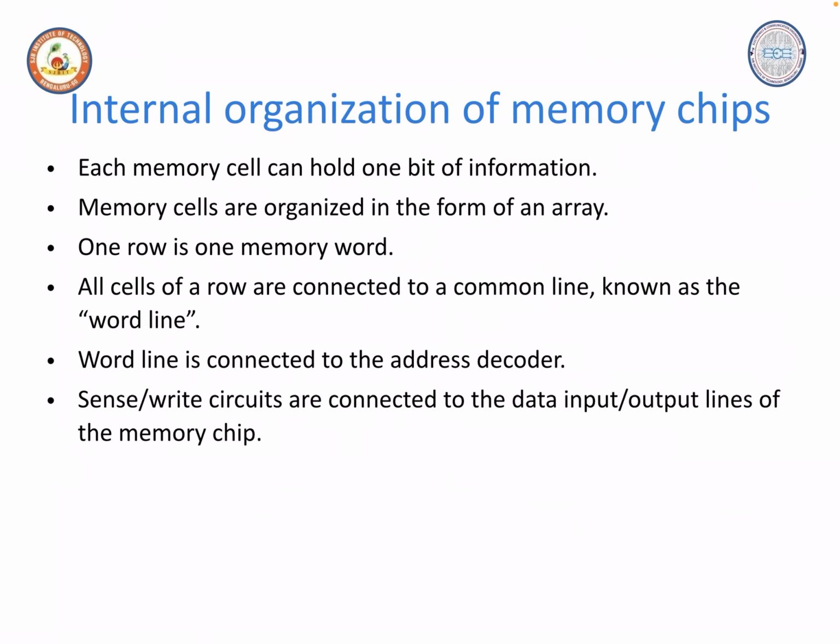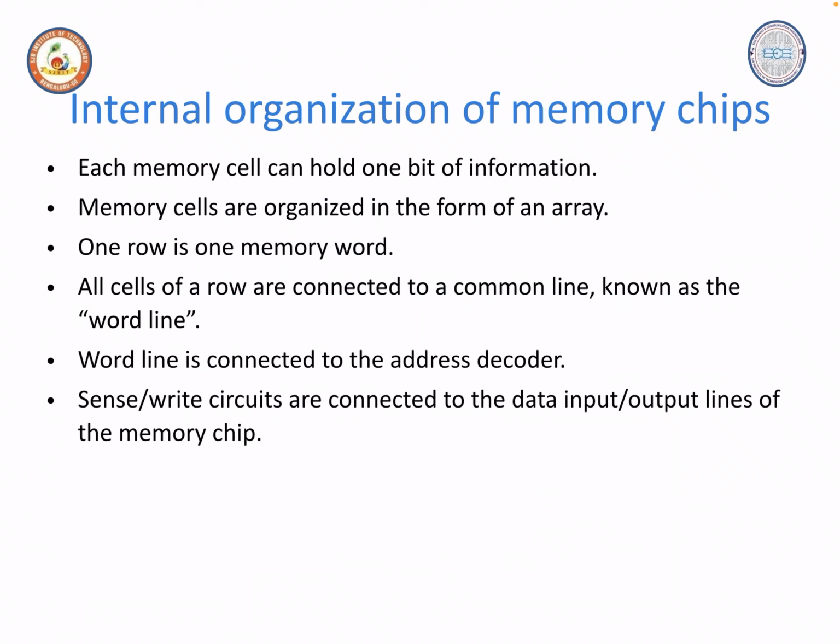Coming to the memory system, semiconductor RAM memories, SRAM. As you already know, memory is arranged in the form of cells. Suppose I have an 8-bit data, a combination of 8 bits.